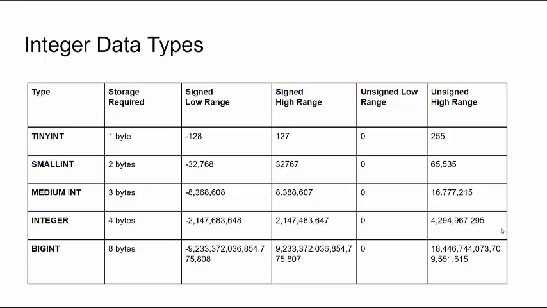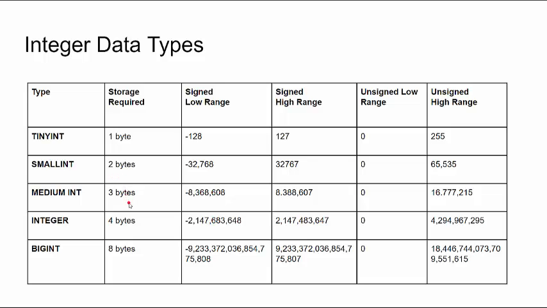For instance, we have a data type called tiny int that takes up 1 byte of data. It can hold ranges, depending on whether the number is signed, from negative 128 to positive 127, or if it's unsigned, from 0 to 255. We have other data types. Small int, which takes up 2 bytes.